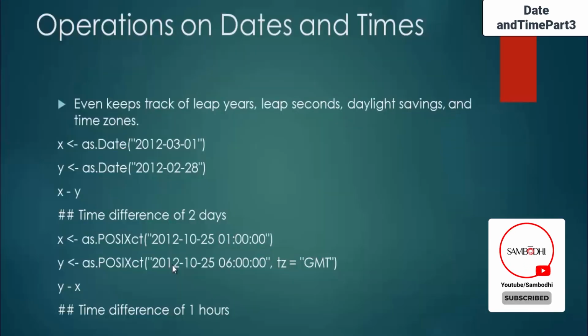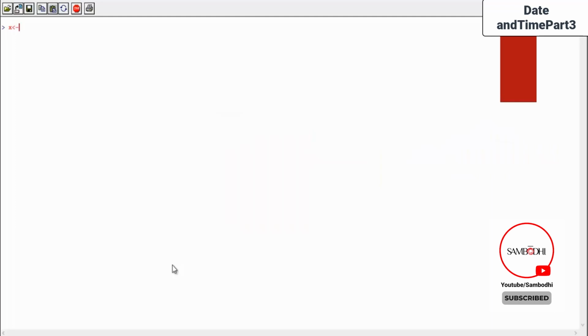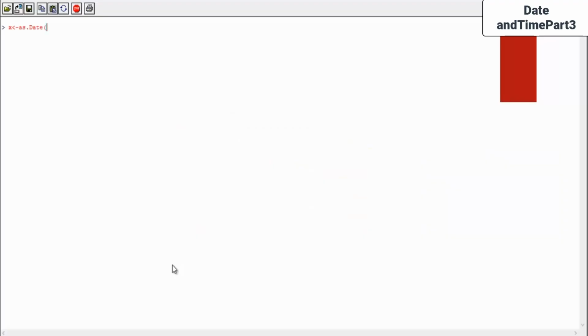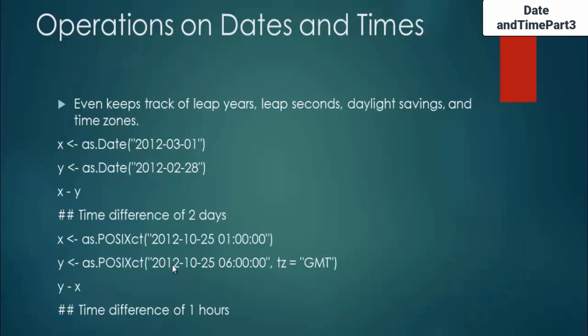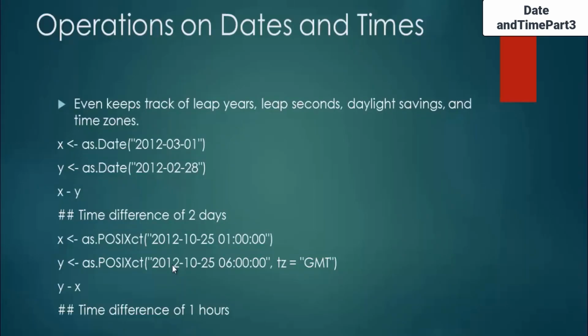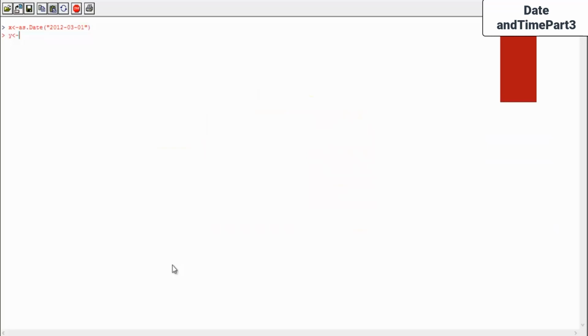So let's say we have a date 2012-03-01 and 2012-02-28. The reason I'm taking 2012 is that it's a leap year.